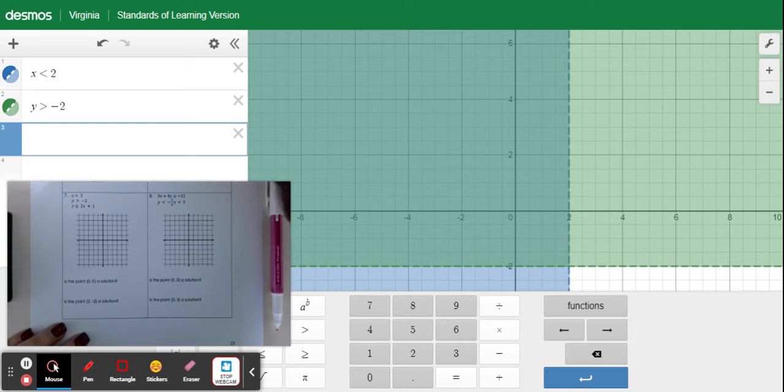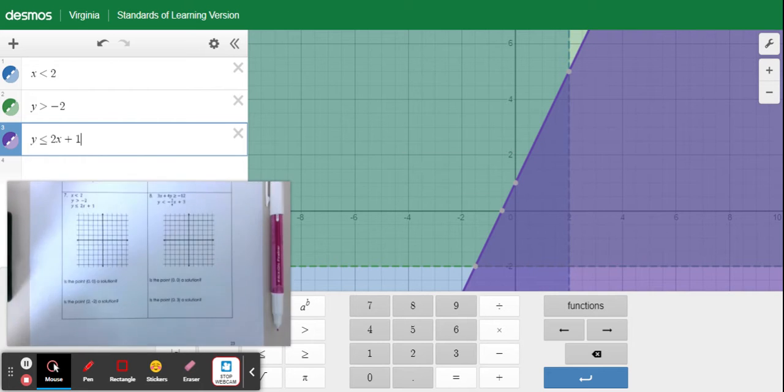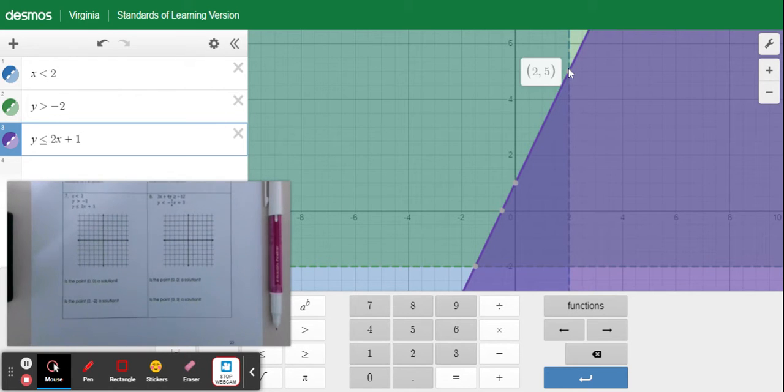And my final inequality is y is less than or equal to 2x plus 1. Now, if you can see, I've got the solid line right here. This is almost forming a right triangle. Actually, it is forming a right triangle. I've got 3 intersections right here in this right triangle.